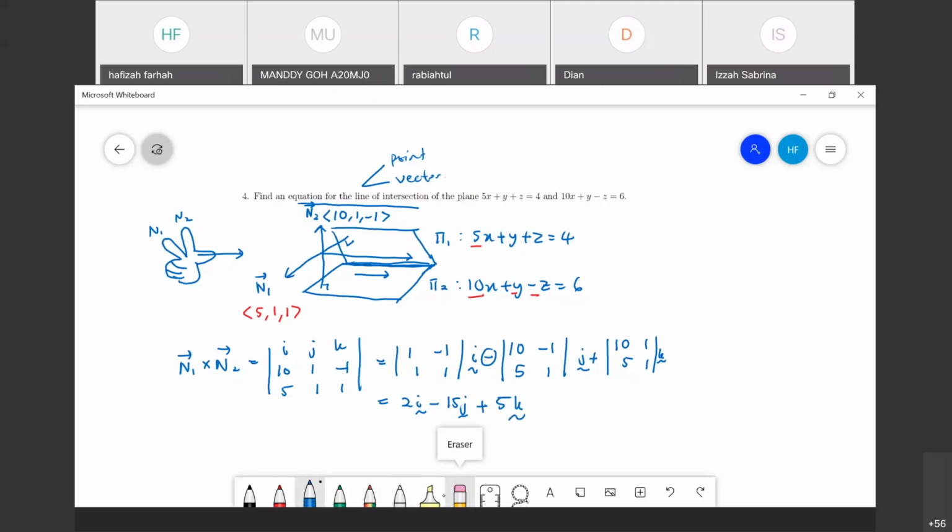So now we have the vector here. We denote this as v. Now we have obtained the vector.